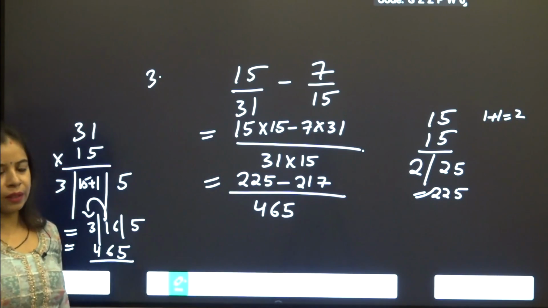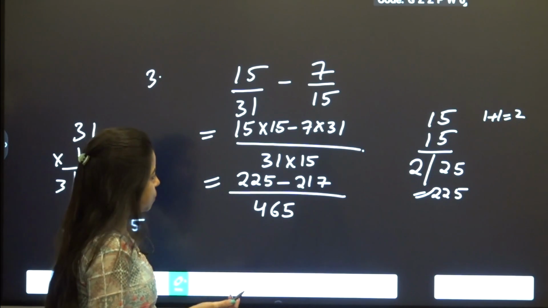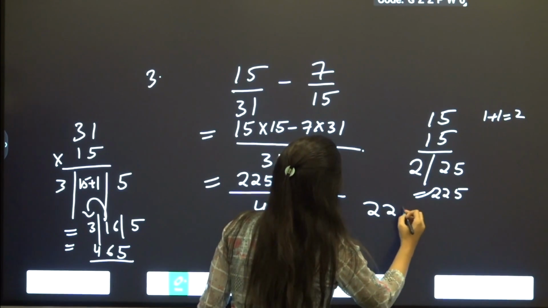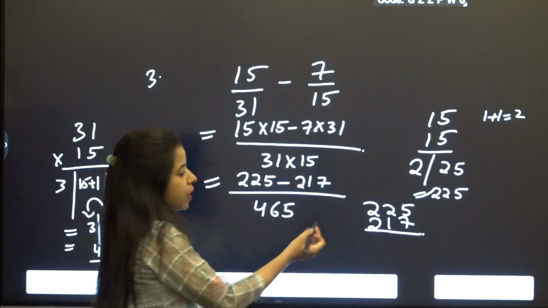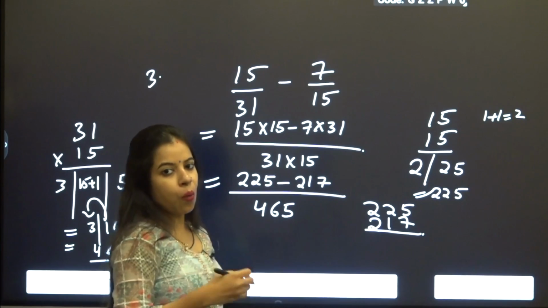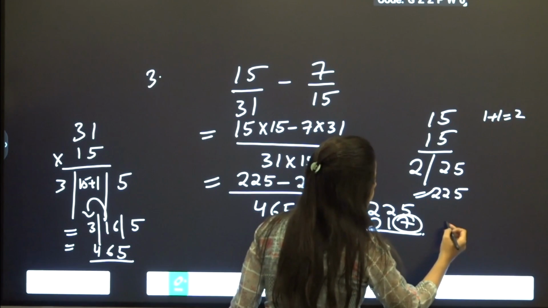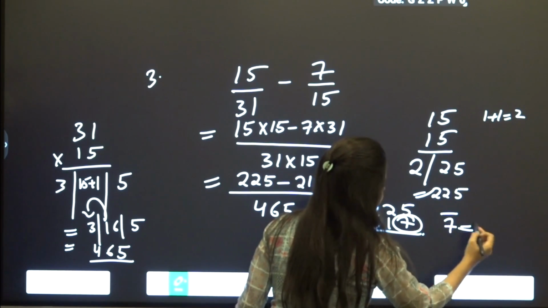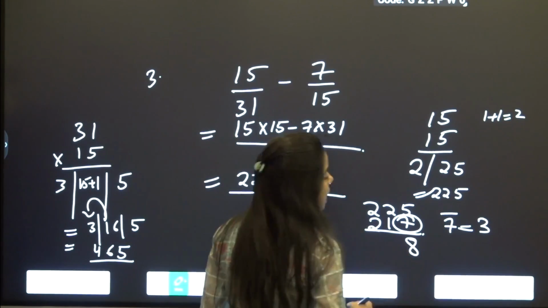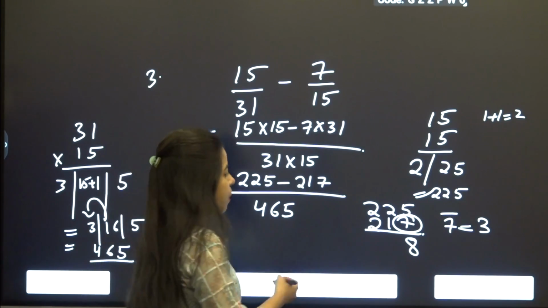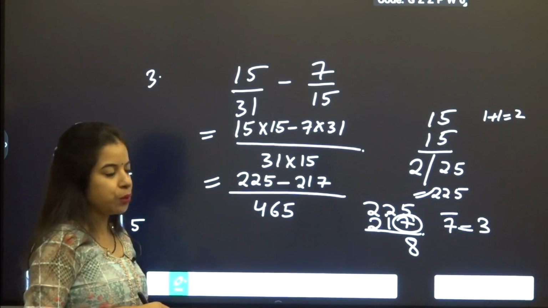465. Okay. And here also the subtraction can be performed with the help of the sutra. But here, 5 is smaller than 7. So we are going to call the best friend of 7, and the best friend of 7 is 3. So 5 will be added to 3, this will be 8. Since we have called the best friend, we are going to put a dot here, according to the sutra.